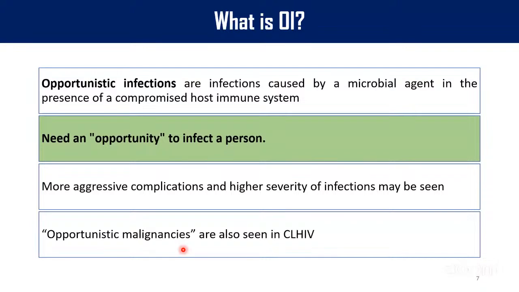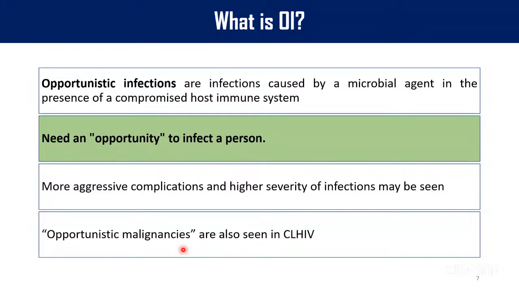For example, common chicken pox, which is self-limiting in most immunocompetent children, can lead to a severe hemorrhagic form of chicken pox in HIV children. Sometimes it may even lead to death. So opportunistic severity is also part of your OI. Similarly, there are some infections where the duration may be prolonged because of the immunosuppression. So a prolonged duration can also be a part of your opportunistic infection spectrum.